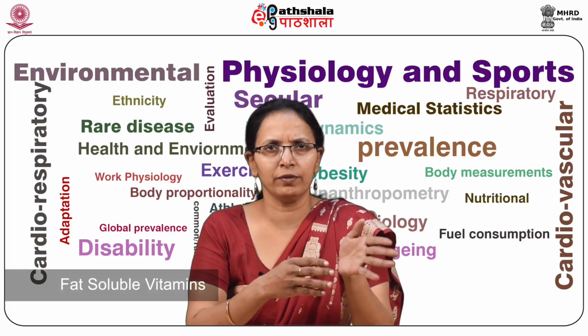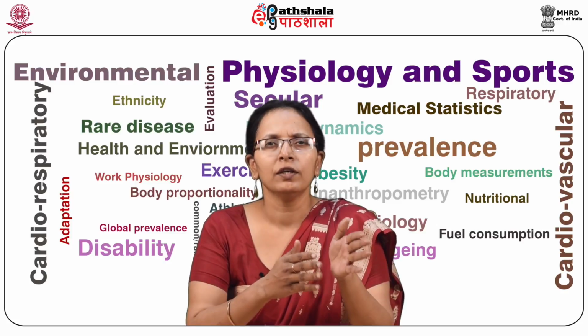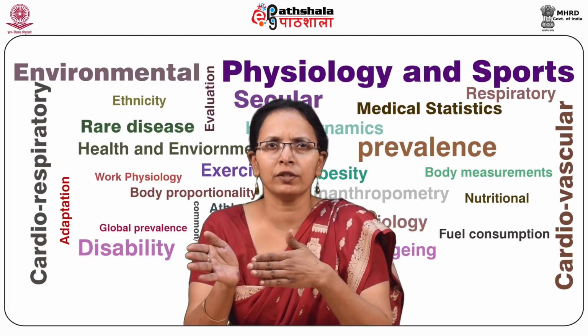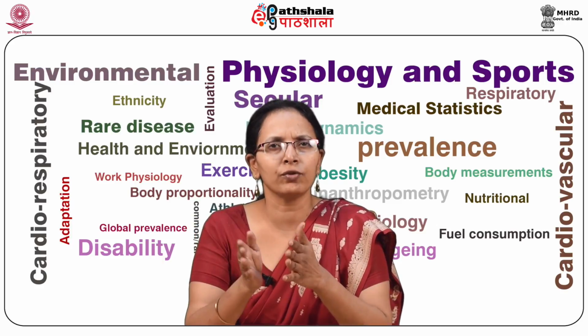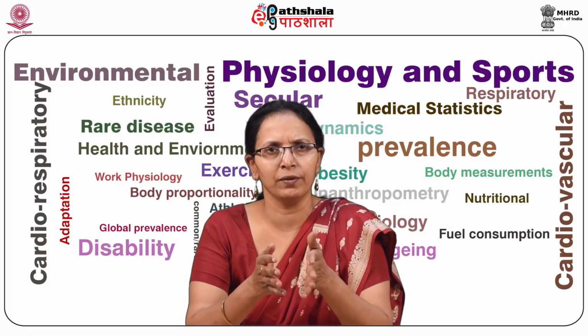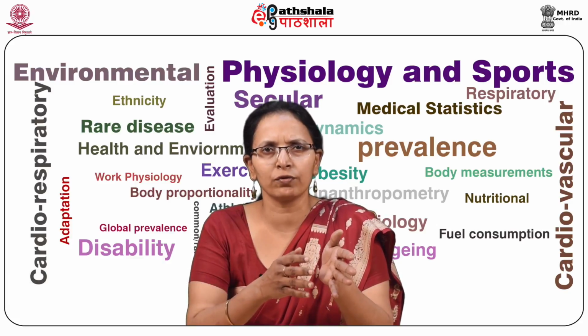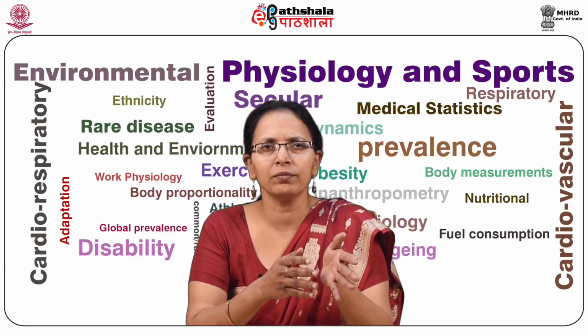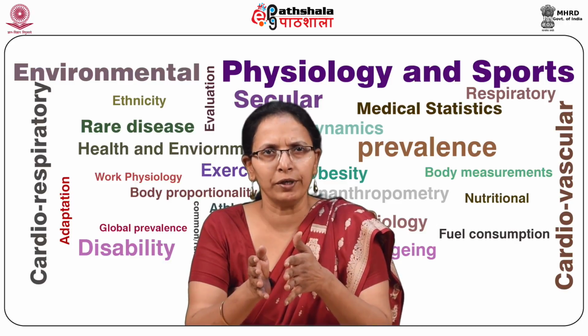The fat-soluble vitamins are made up of carbon, hydrogen and oxygen, whereas the water-soluble vitamins, along with these three substances, also contain nitrogen, cobalt and sulfur. Since water-soluble vitamins are readily flushed out of the body, they are not stored and retained in the body.